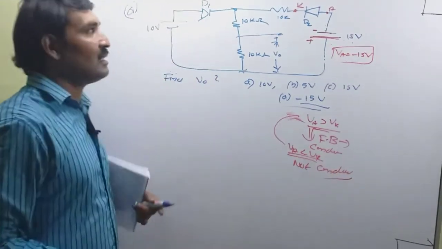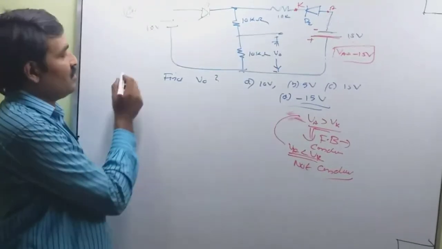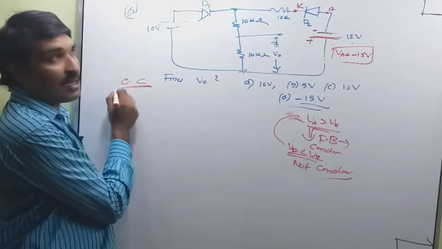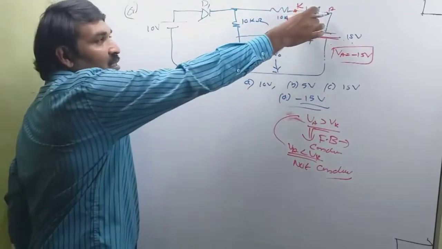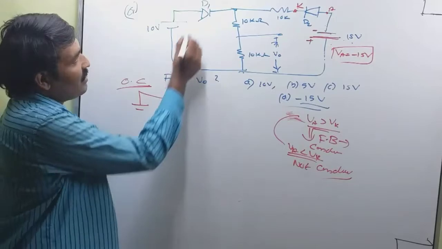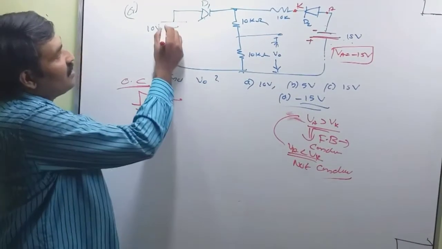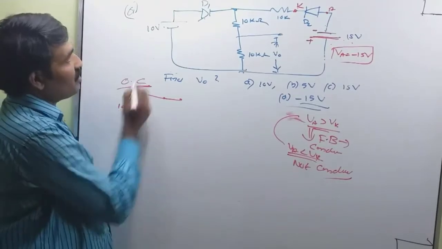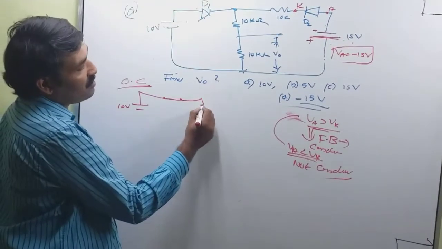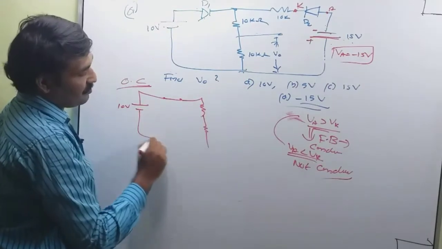Now let us check the voltage across this diode by using the open circuit test. I am redrawing, so this diode is open circuited. Redrawing the figure, this is a diode. We are assuming this diode D1 is conducting. 10 volt is applied to the anode. Then we have 10K and 10K.